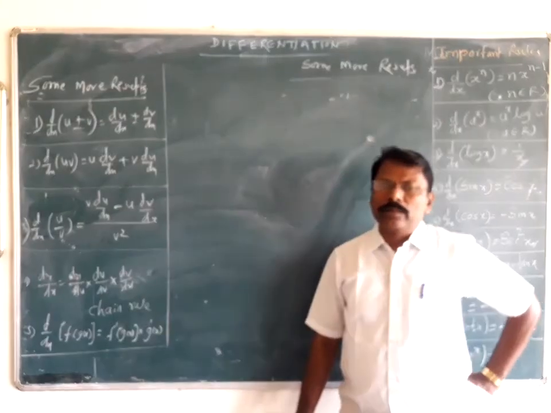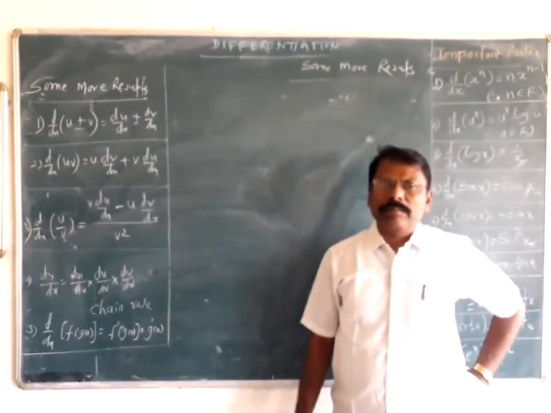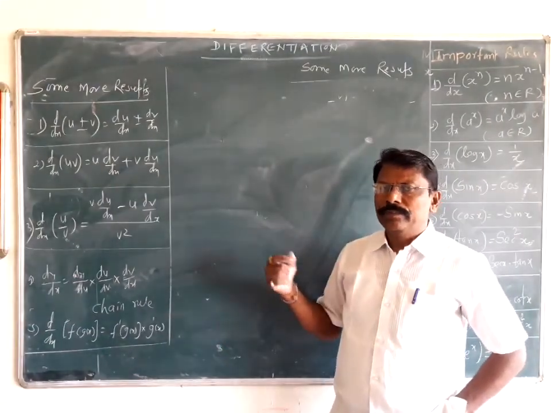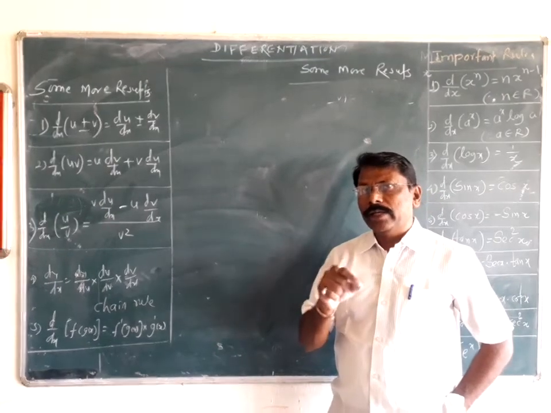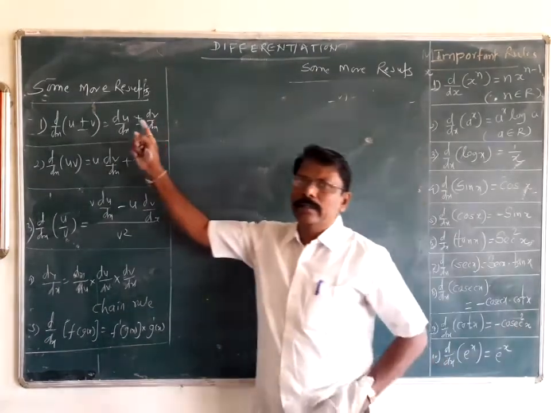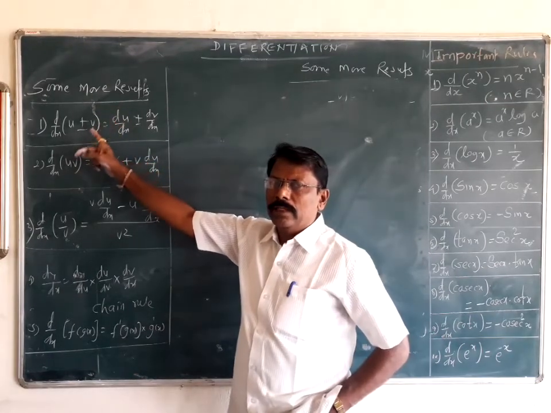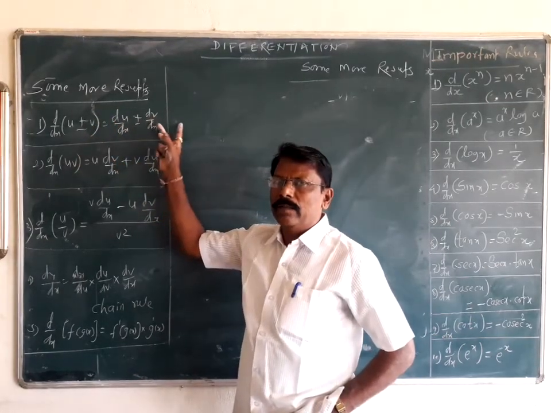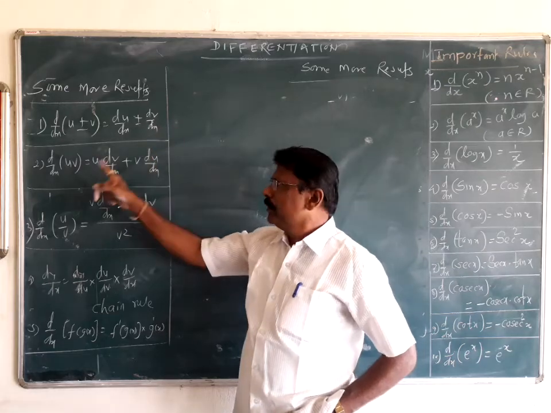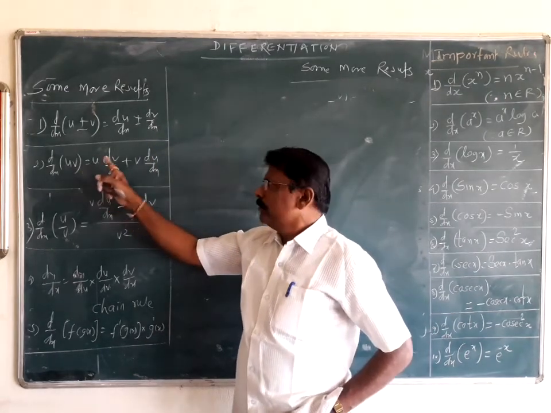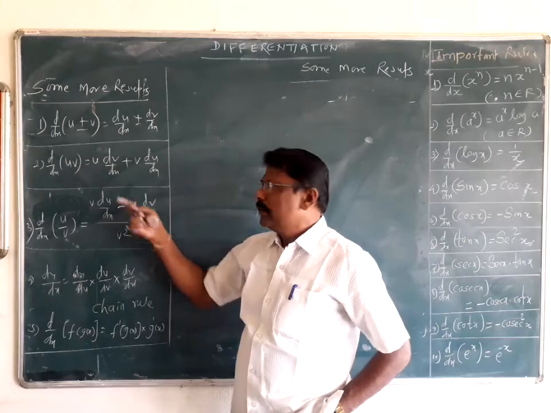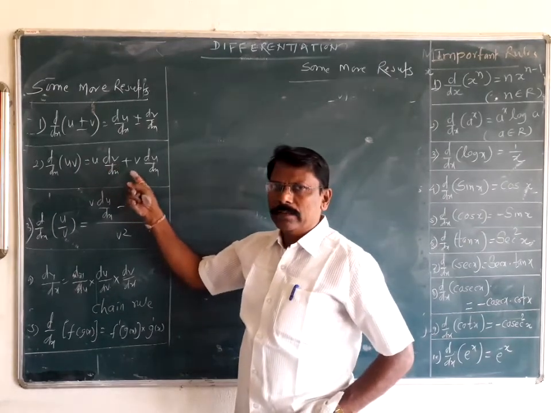So after the chain rule, to solve the examples based on it, I would like to revise some rules which we studied in the 11th standard. This is the addition rule: derivative of addition is the sum of derivatives, or subtraction. Product rule: u dv by dx plus v du by dx.